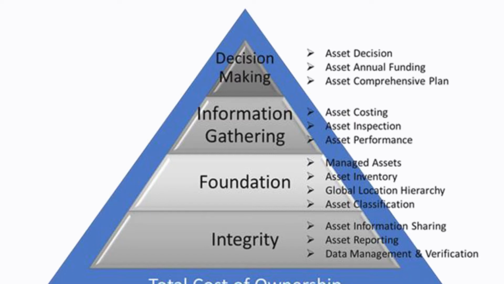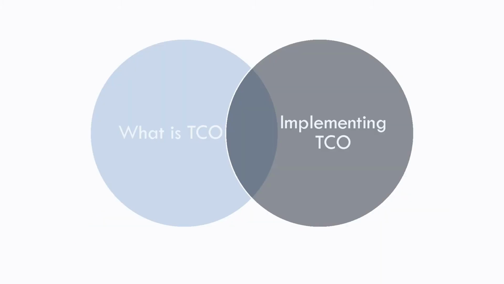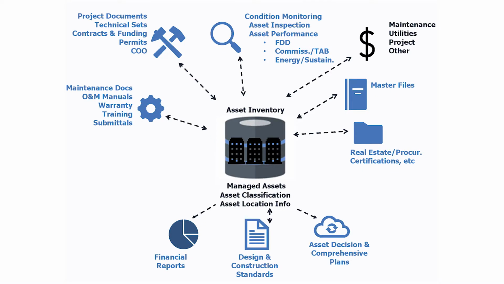All of this is so intertwined, and we're going to take a look at that, implementing TCO. So you have managed assets. We need to house them somewhere in our asset inventory. Assigning an asset classification or an asset location information is critical unless you're just managing one asset. How many of you are managing just one asset?